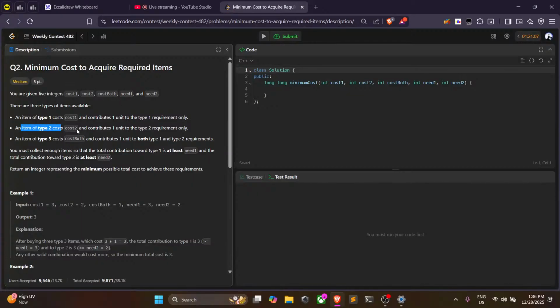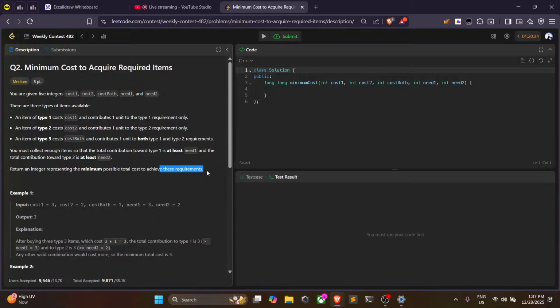Cost two will cost this much and contribute one to type two, while cost three costs this much and contributes one to both types.